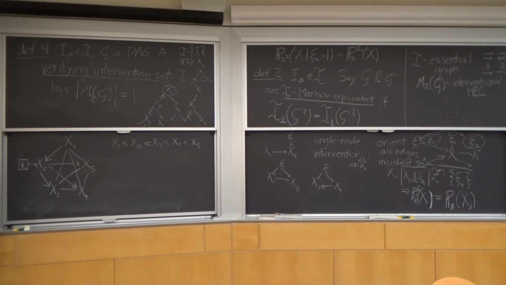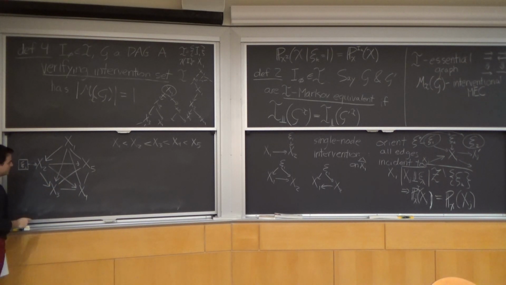Okay, and can we get anything else by Meek rules? We have, I think it's only one potential cycle. Maybe more. We have x1, x2, x3. And it can't go back to x1.